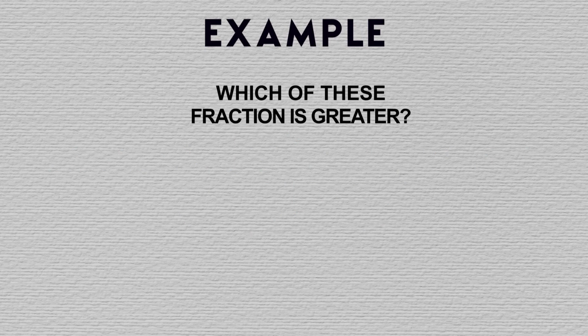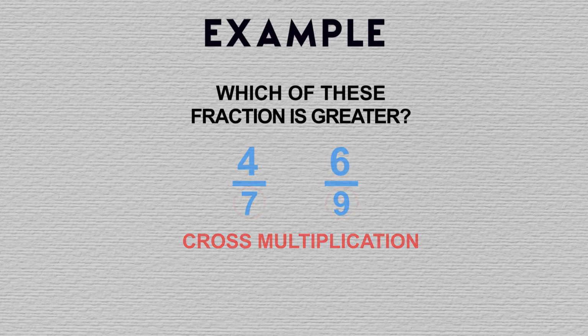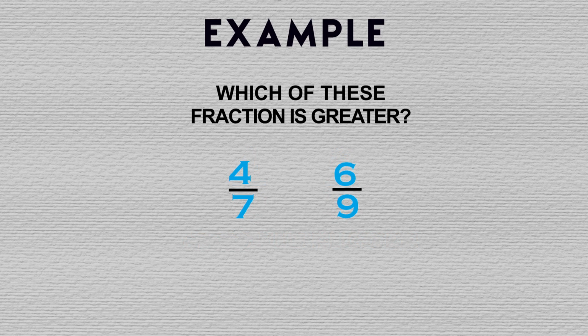If you have fractions, say 4 over 7 and 6 over 9, to compare we have to multiply the top number of each fraction by the bottom number of the other fraction. This is called cross multiplication, because if you draw a diagram of what you are multiplying, it forms a crisscross pattern. After you multiply crosswise, you will get two new top numbers, and now you can compare only these to get your answer.